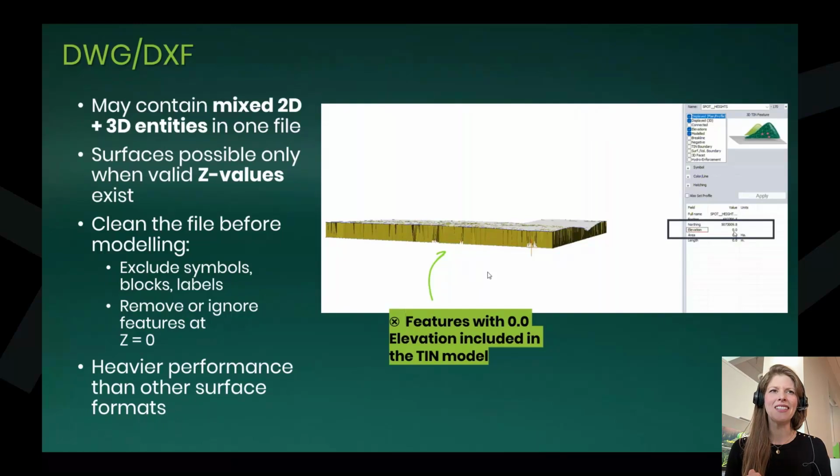If there's an opportunity to clean that file a little bit before modeling it, maybe excluding symbols, blocks, labels, or those 0 elevation features. Another warning is that they tend to have much heavier performance, so they're slower than working with some of these other more native formats. So if you have the option, this is probably our least favorite file type for working in RoadEng. So if you've got an opportunity for a different file type, maybe take it.